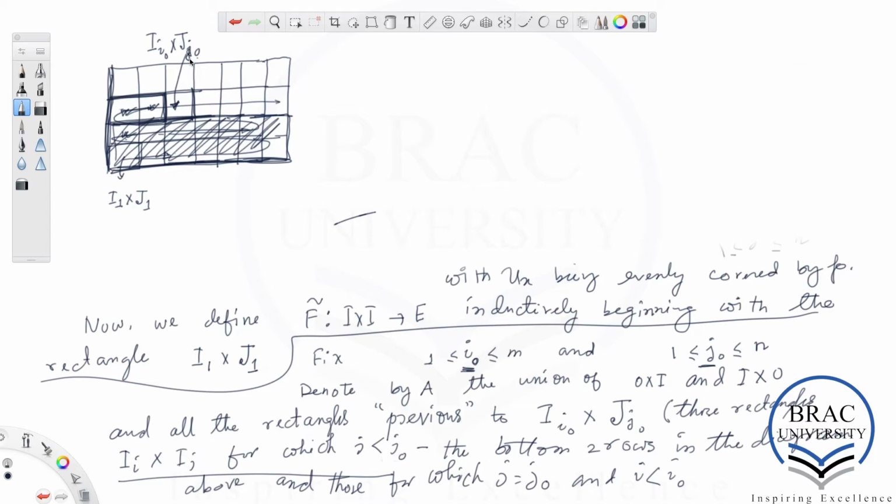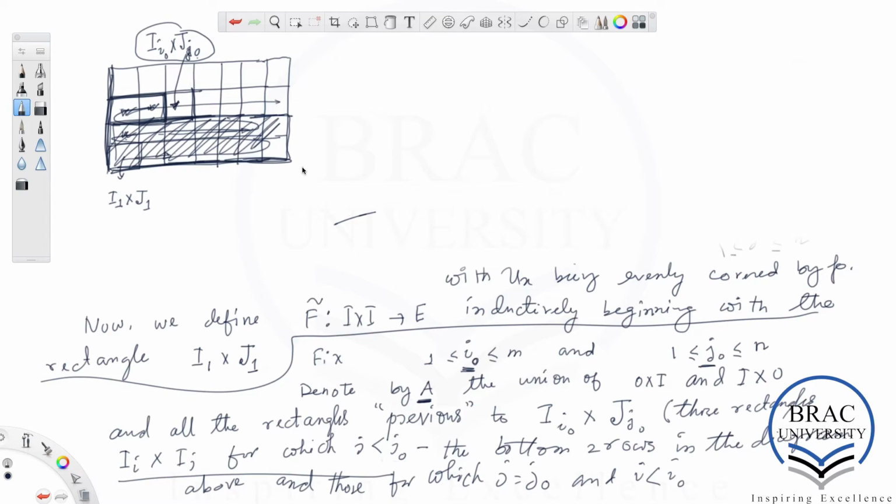Okay, good. So whenever I am talking about this area A, it is the collection of all the rectangles prior to this rectangle I sub i0 cross J sub j0, together with the union of the two edges, the bottom edge and the left hand edge. Okay, all right, good.